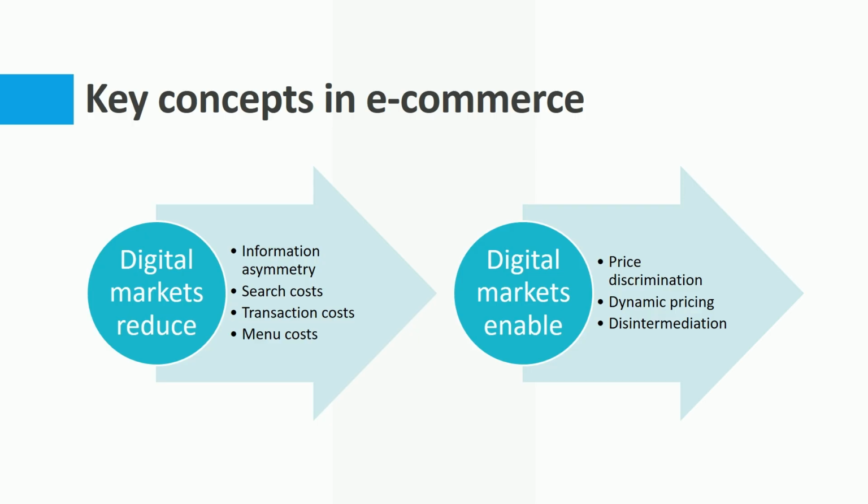And it also enables what is called dynamic pricing. So dynamic pricing here means the price of a product varies depending on the demand characteristics of the customers or the supply situation of the seller.